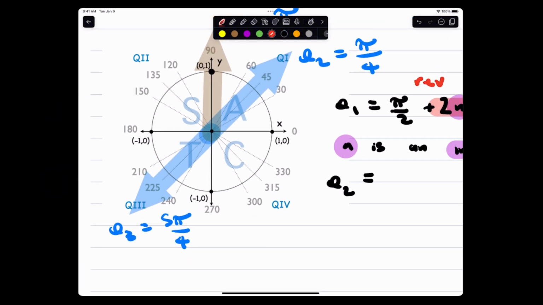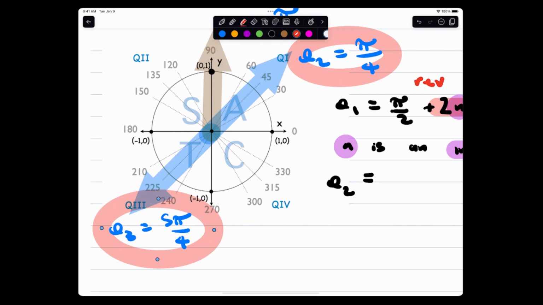Aren't these directly opposite? They're not just in opposite quadrants, these are directly opposite. Directly opposite means, if you remember, that they differ by 180 degrees. Is that true?